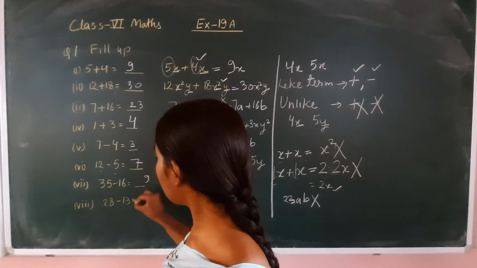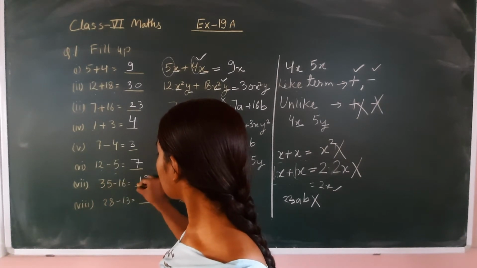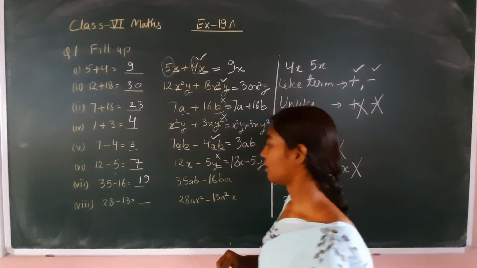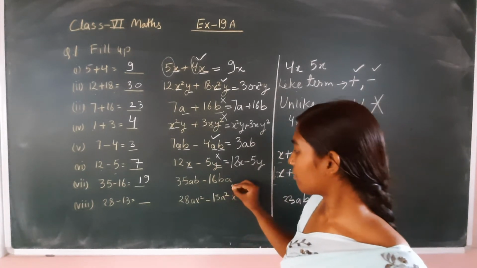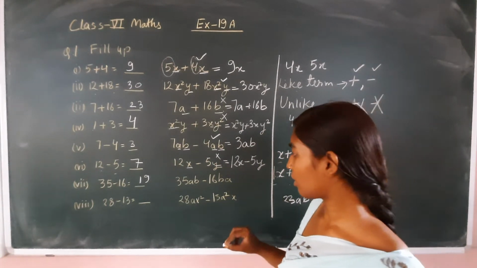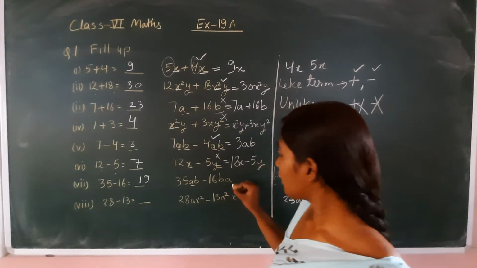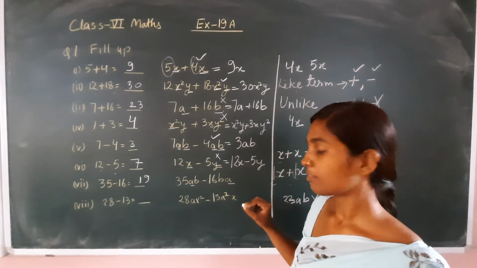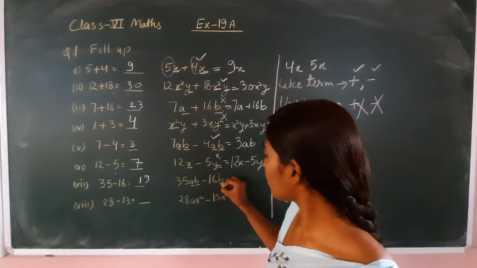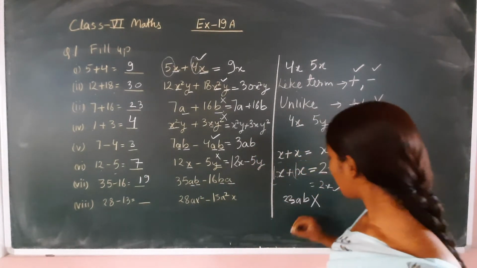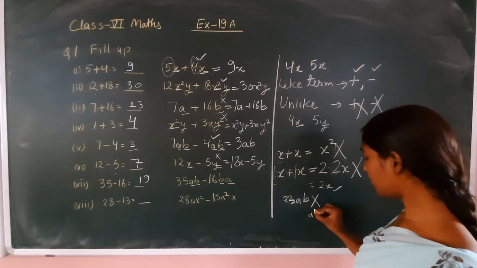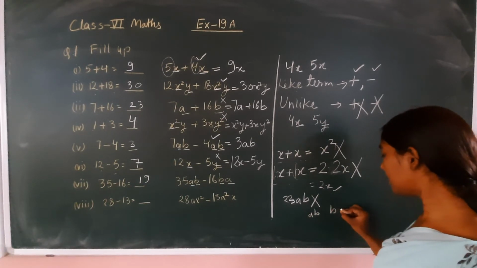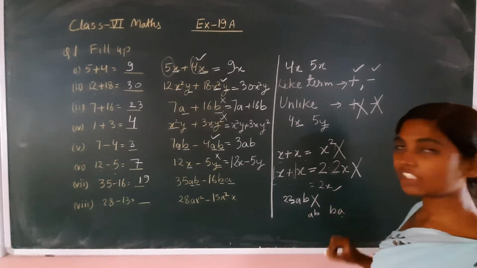The answer will be 19, and here you have to check whether they are like terms or not. A is written, here is also A, but here A is written at the back side, no matter. Here is B, here is also B. Yes, whether you write AB or you write BA, both are like terms.